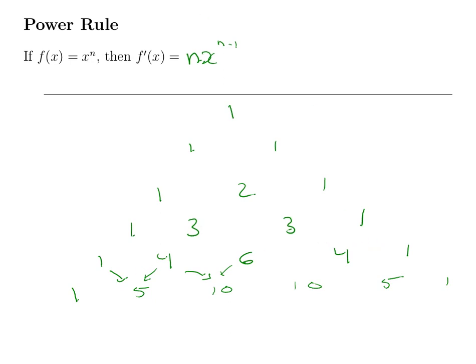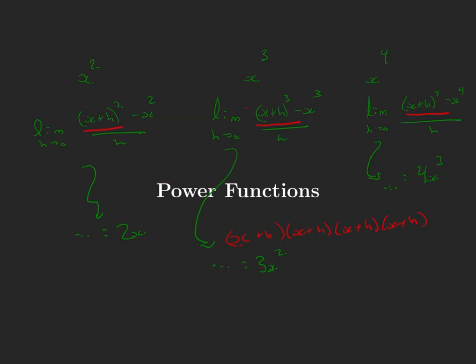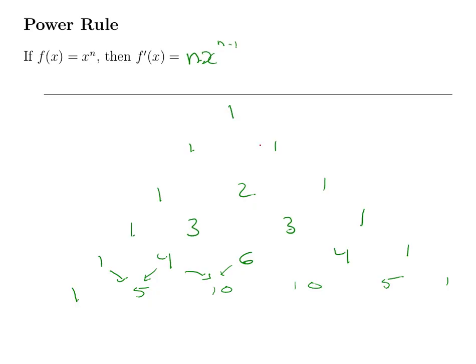And so we can use Pascal's triangle to notice a pattern each time. We're going to multiply these things out, but then if you remember, if I go back, in each of these, we end up subtracting off that first term. So on each of these things, these first pieces end up going away.